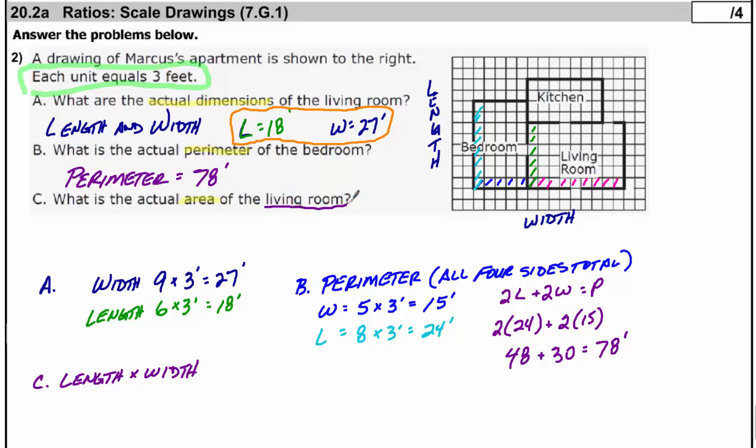And we already, right up there, got the 2 parts of the living room. Let me circle my answer here on perimeter just so that stands out for you. We already got the length and the width. We said that the length was 18 and the width was 27. And when you multiply 18 times 27, you get 486, and that's done in square feet.